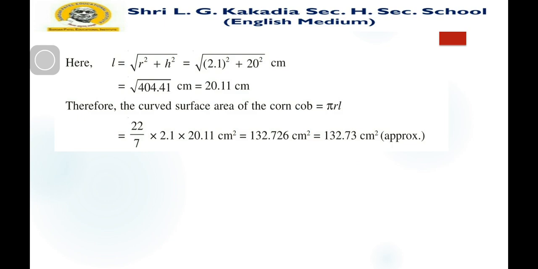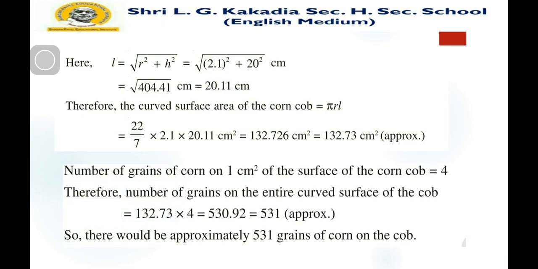132.73 centimeter square. Now we are given that 1 centimeter square area of the corn cob carries 4 grains. So the number of grains of corn on 1 centimeter square of surface area of the corn cob is equal to 4.